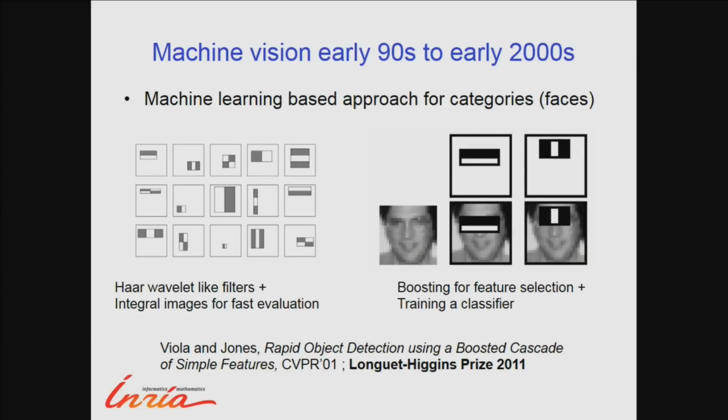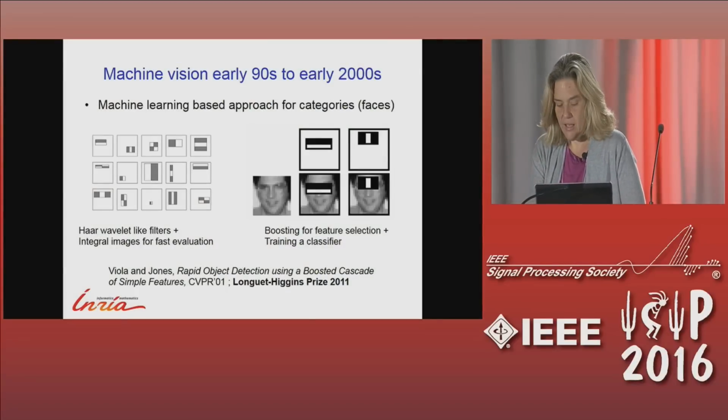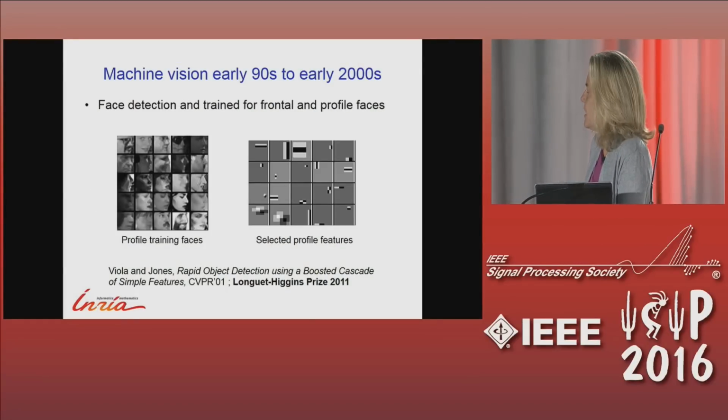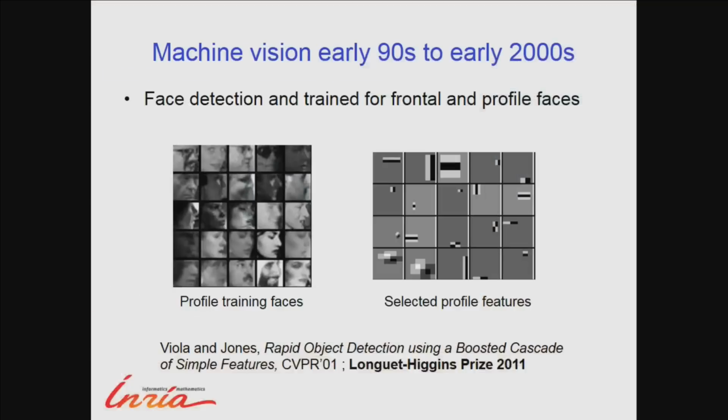In one of the first works, by Viola and Jones, the image was described by Haar wavelets, which could be computed very fast with integral images. On top of that was a machine learning approach based on boosting for feature selection, okay? This was one of the first approaches for face detection. Here they trained a profile and a frontal face detector to be invariant to these viewpoint changes.